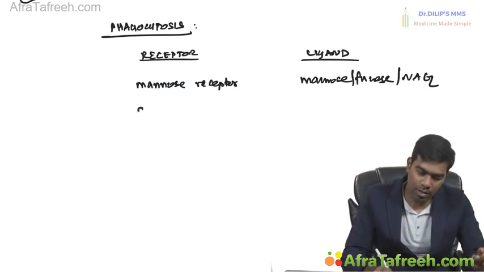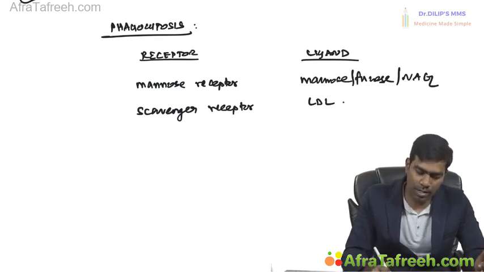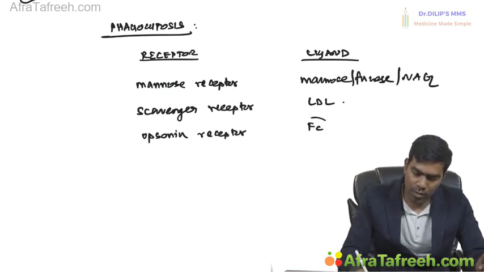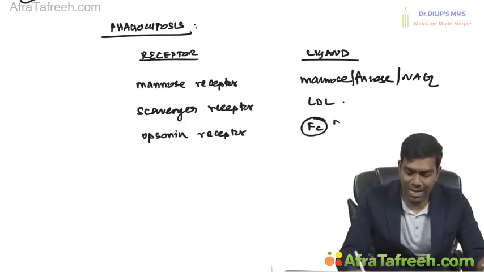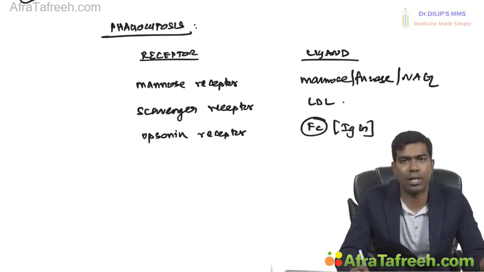And the second one, you have the scavenger receptor, which is for LDL, low density lipoprotein. And the next thing, you have the opsonin receptor. Very, very important. The opsonin receptor is going to identify the Fc fragment, typically of the IgG molecule. IgG is an excellent opsonin, one of the best opsonins you can ever have.